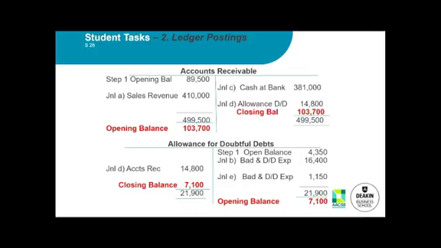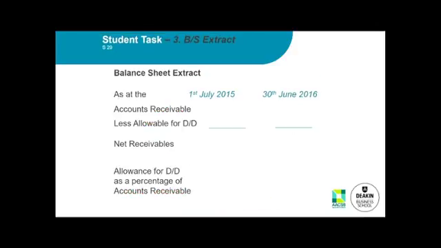Just wait while a few people are jotting down some numbers, and then we'll move on to the next one, which is the balance sheet representation. With our balance sheet representation, we have to take the closing balance of our accounts receivable and subtract the closing balance of our allowance to give us the net accounts receivable. So that is our balance for the previous year.